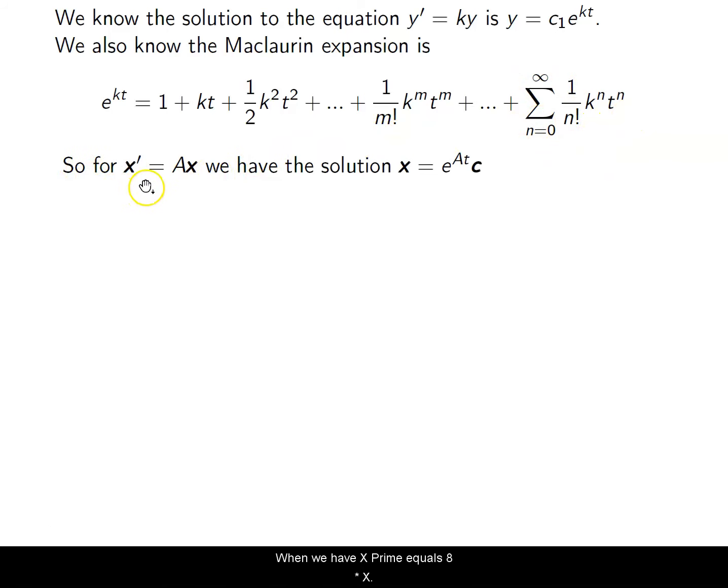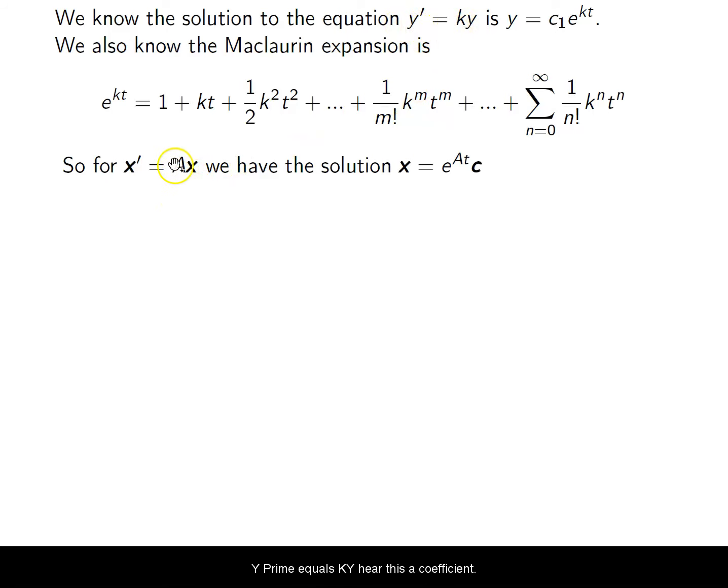So when we have x prime equals A times x, we have a generalized solution of a solution vector x being e to the At times my constant coefficient vector. Okay, and again, that's really just coming from this, right? x prime equals Ax, y prime equals ky.